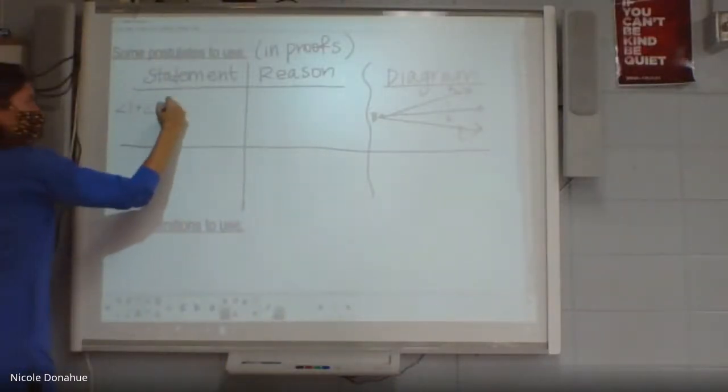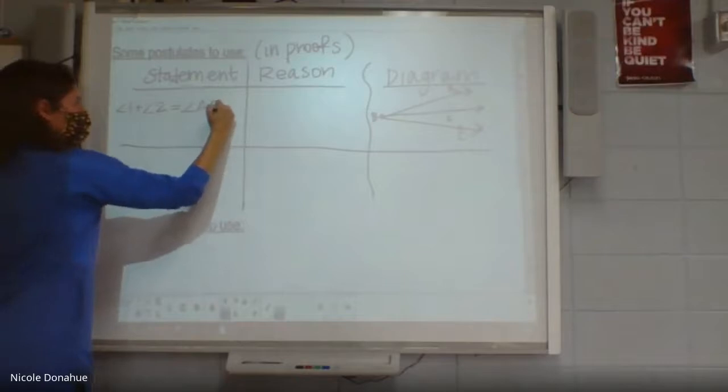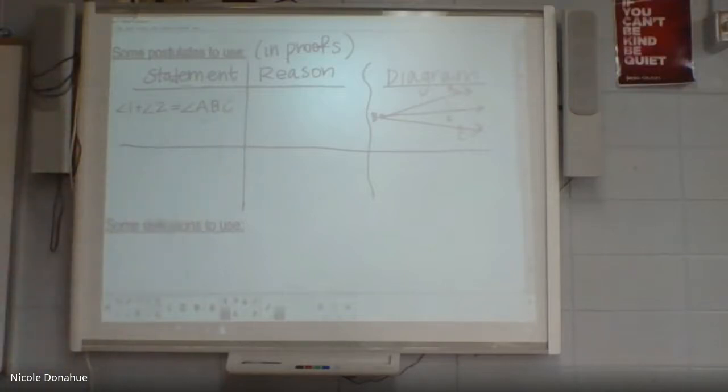And again, you might say, well, that seems really obvious. There are things we have to see in geometry that seem really obvious, but you have to state that anyhow. So what do you think our reason would be? What are we doing with those angles? What math are we doing?